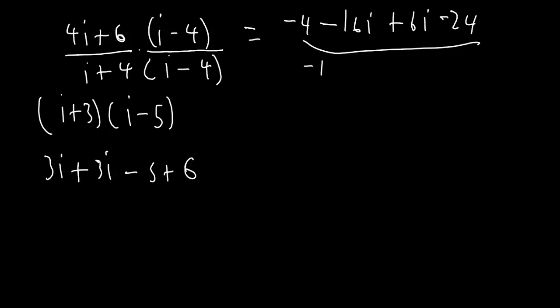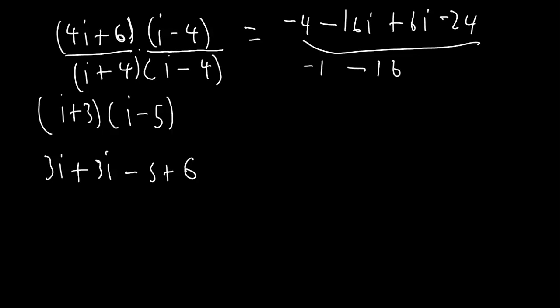i times 4 is 4i, and then 4 times i is 4i, so those terms will cancel out. And then 4 times negative 4 is just negative 16. So we just get negative 16 here. And let me just put parentheses here to make it more clear and more mathematically organized.